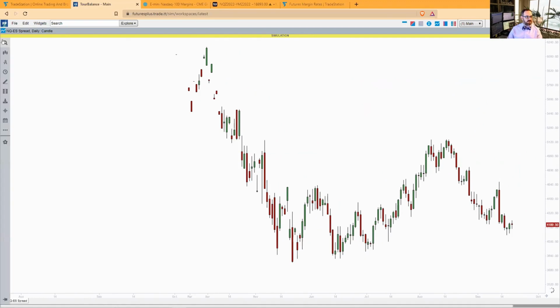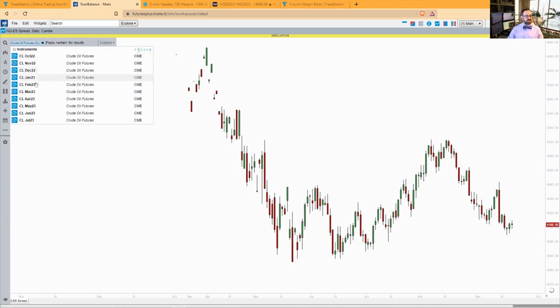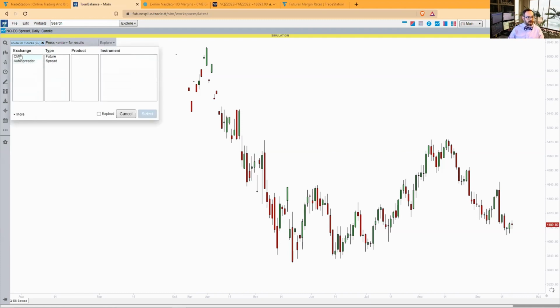But more importantly, as I'm trying to find spreads, let's say I'm looking at crude oil, I can bring up the list right here and it shows individual securities. Missing the spreads. Where is it here? There we go. I go to CME and futures, just the individual futures, but spread. Now I can bring up spreads.